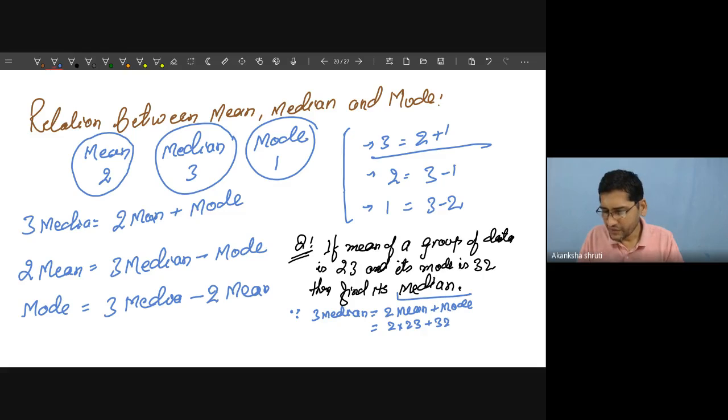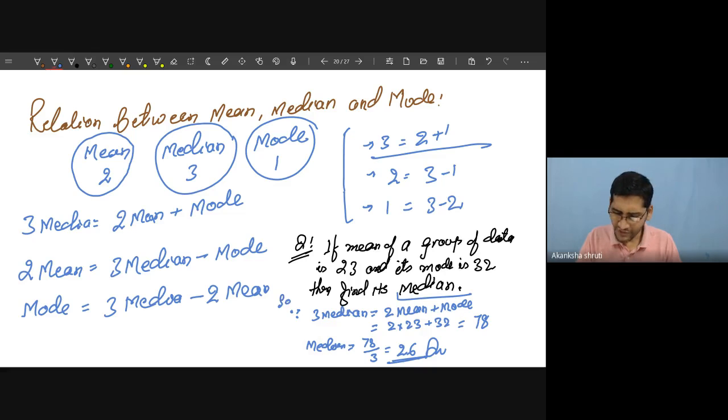It becomes 46 plus 32, so it becomes 78. So median is 78 divided by 3. Just simplify it: 3 2s are 6, 26. So 26 is the median.